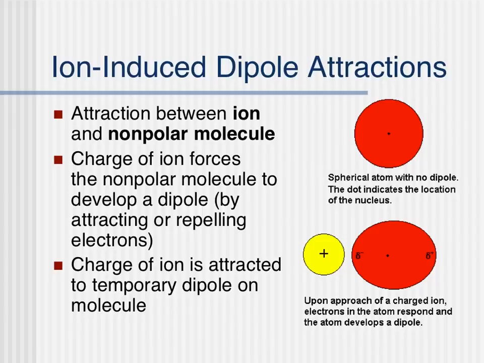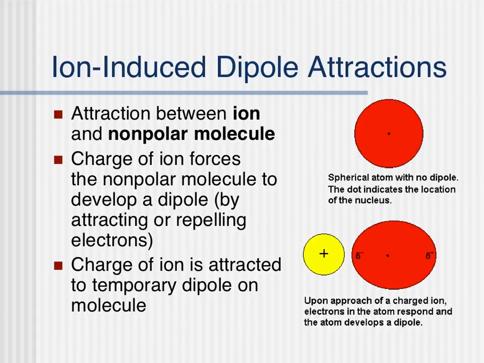But if you put that next to an ion, so this could be our same sodium there, that positive attracts the electrons that are in our molecule or atom and pulls the electrons to one side. So therefore the protons are kind of pushed away. So temporarily we have a weakly negative and weakly positive, or partially negative and partially positive end on something that by itself would be uncharged.